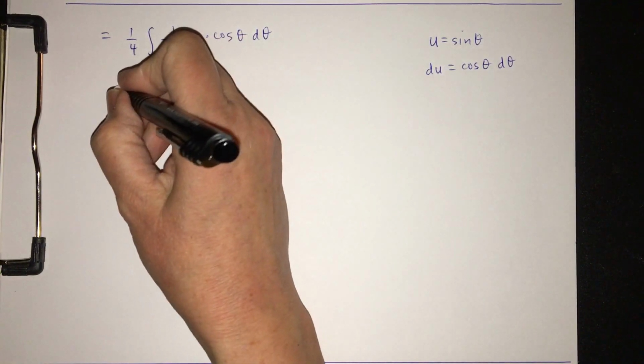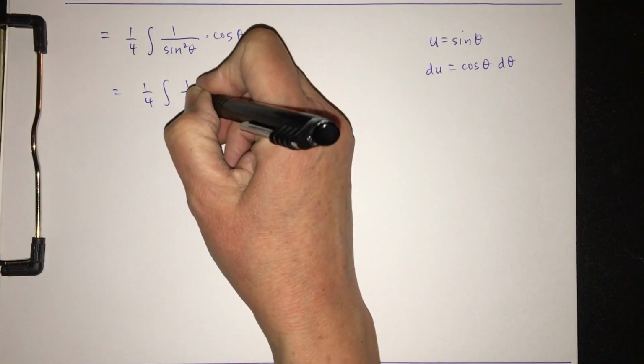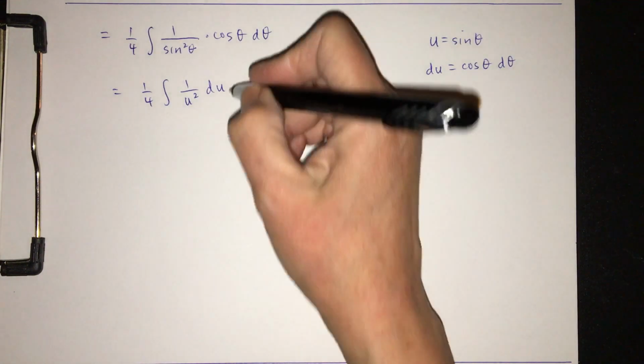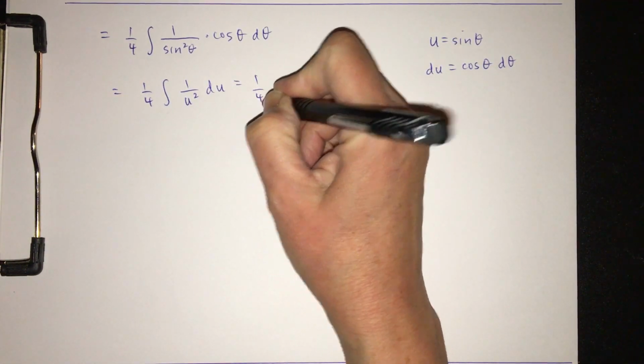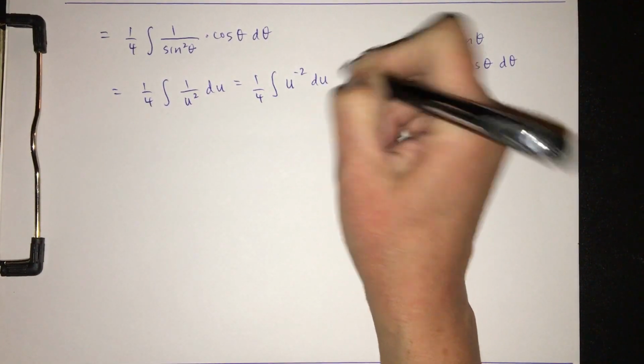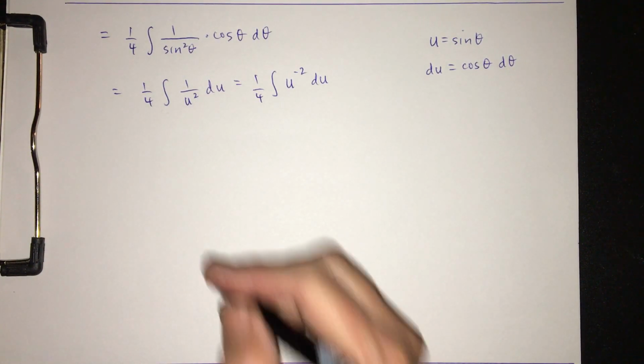So now I can say this is 1/4 times the integral of 1 over U squared du. I prefer to write this as 1/4 times the integral of u to the minus 2 du, so that when I do the antiderivative, I'm less likely to make a mistake.